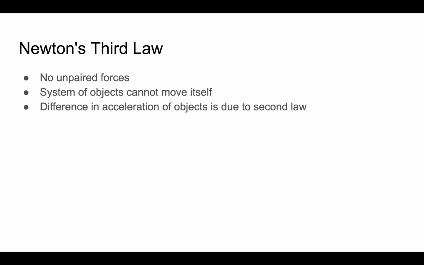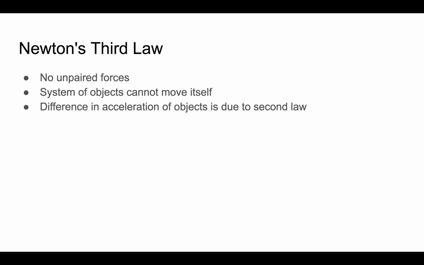So Newton's third law may be a bit difficult to comprehend at first, but basically there are no unpaired forces. Every action has a reaction. So a good thing that we can realize using the third law is that a system of objects cannot move itself. Let's assume that the third law is wrong, right?